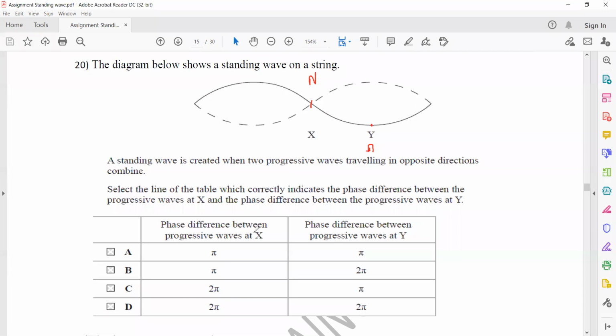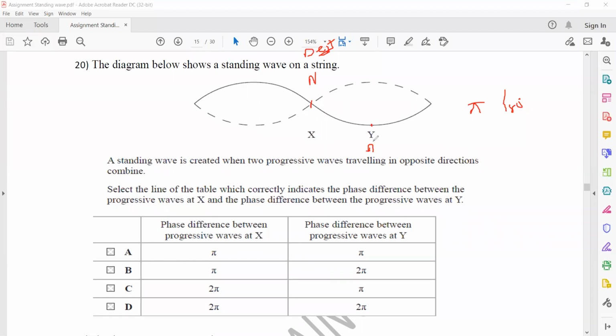So the phase difference between the progressive waves at x, because a node is formed by destructive interference. If it is destructive interference, what should the phase difference be? The phase difference should be pi radian or 180 degrees.